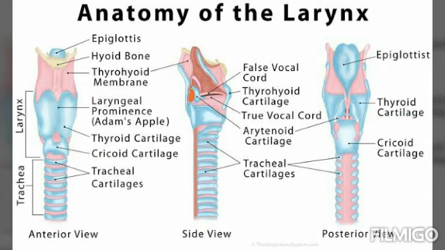The larynx also has three cartilaginous structures called the thyroid, cricoid, and arytenoid cartilages. Thyroid cartilage is the largest of all the cartilages and forms the Adam's apple. Cricoid cartilage is the only complete cartilaginous ring in the larynx. The only cartilage used in vocal cord movement with the thyroid cartilage is the arytenoid cartilage.